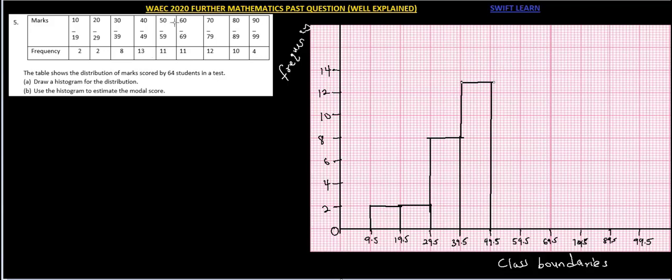Okay, looking at 49.5 to 59.5, that is 11. So 11 should be at the middle, and the middle should be around here. So from here to this place, and we will continue like that.